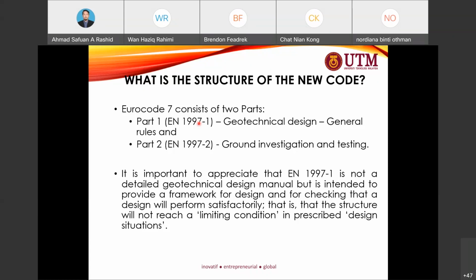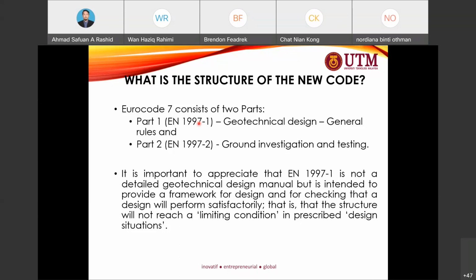Because if we refer to EN 1997 part 2, it is suggested to use rotary drilling, because they want to gain very reliable data compared to wash drilling.